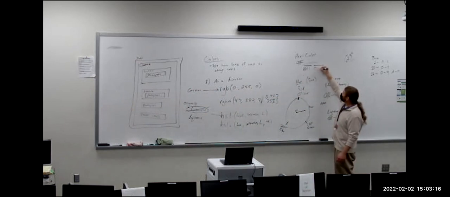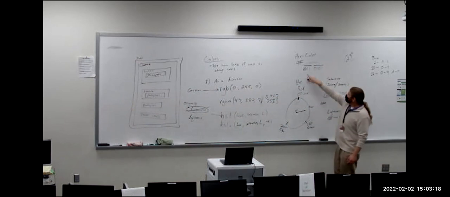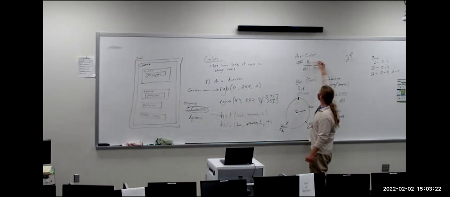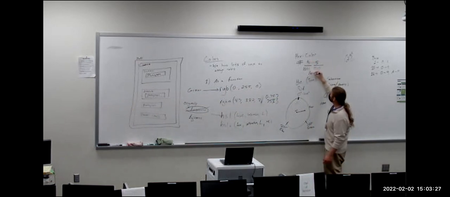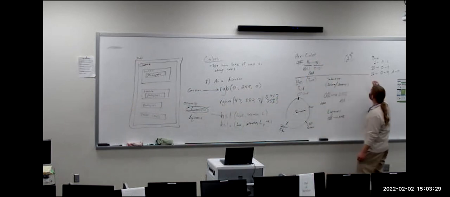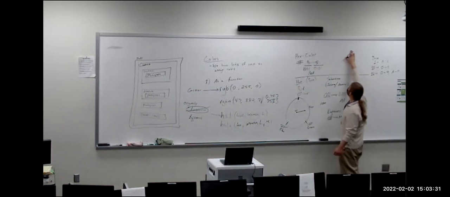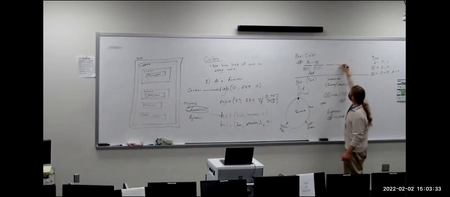What's something else? Maybe a 5. So then we have a 9 and a 5. And that gives us 1 byte for red. And the same thing for green and blue.